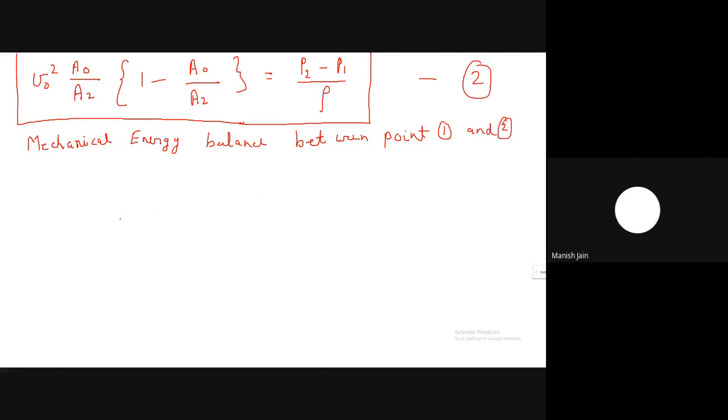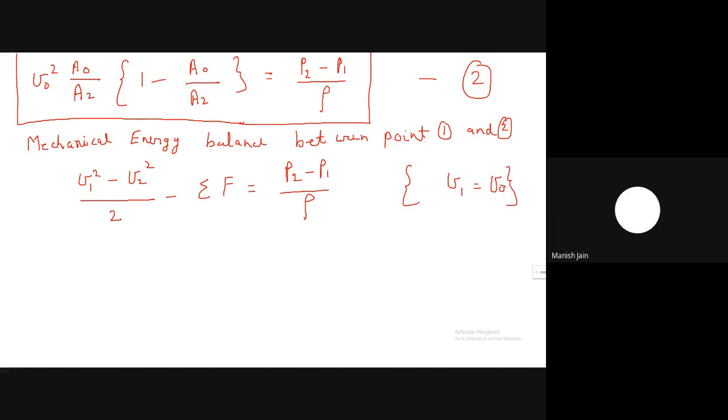Okay, so you can write (V1 square minus V2 square) divided by 2 minus sigma f. This is the friction losses. Here we have to calculate the friction loss, that is equal to (P2 minus P1) divided by rho. Okay, now we know that V1 equals V0.